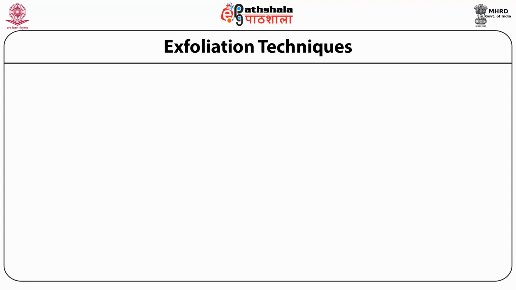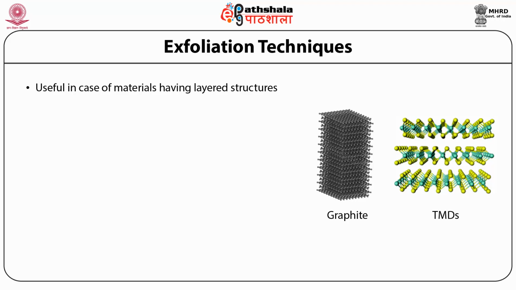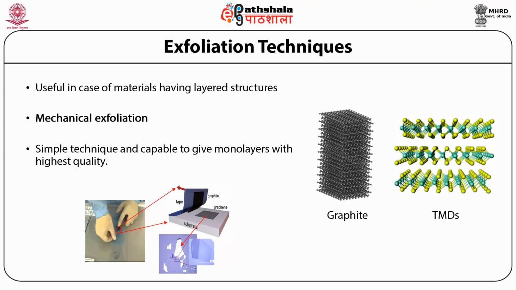Next is the exfoliation technique. The exfoliation technique is useful in the case of materials having layered structures, as shown in this figure, for graphite and for TMDs. So here we will be discussing mechanical exfoliation, which is a simple technique and is capable of giving monolayers with the highest quality.